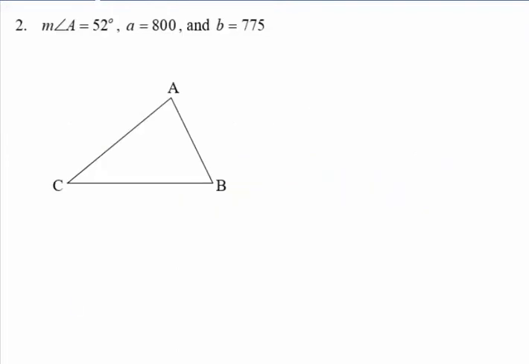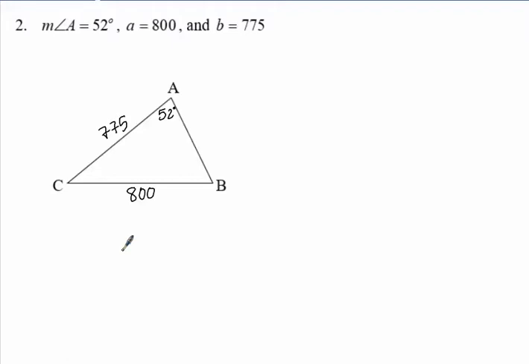Here, we are told that the measure of angle A is 52 degrees, side a, which is opposite angle A, is 800, and side b, which is opposite angle B, is 775. We need to try to solve this triangle.